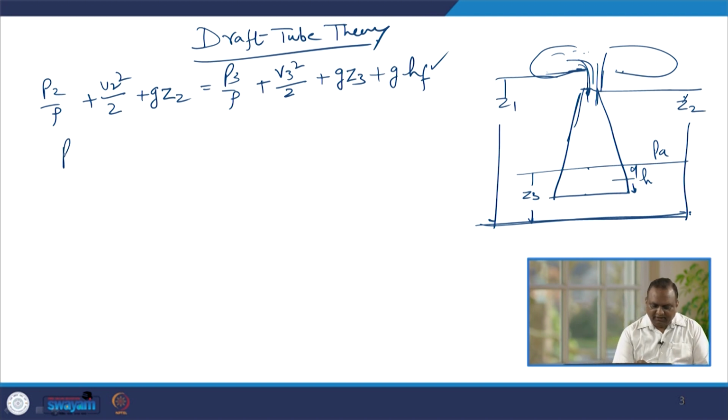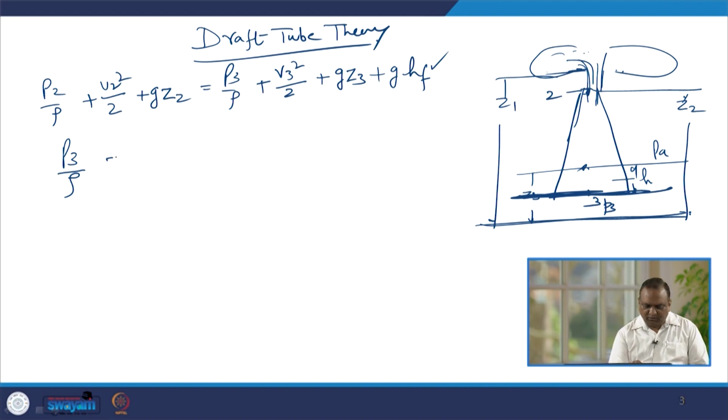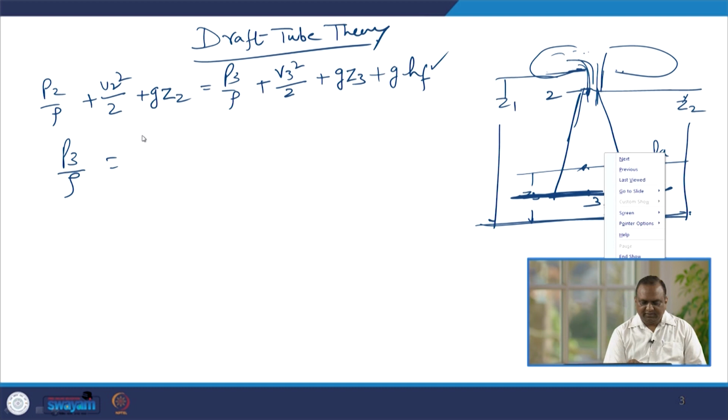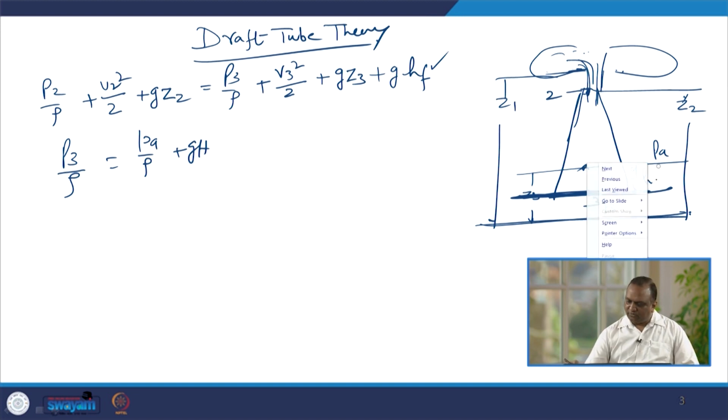Now, if you look at P3 by rho, sorry, this is Z3, this is point 3, the exit of the draft tube, and point 2 is the inlet of the draft tube. So, P3 is going to be equal to atmospheric pressure, Pa by rho plus gH, the pressure of this water column.